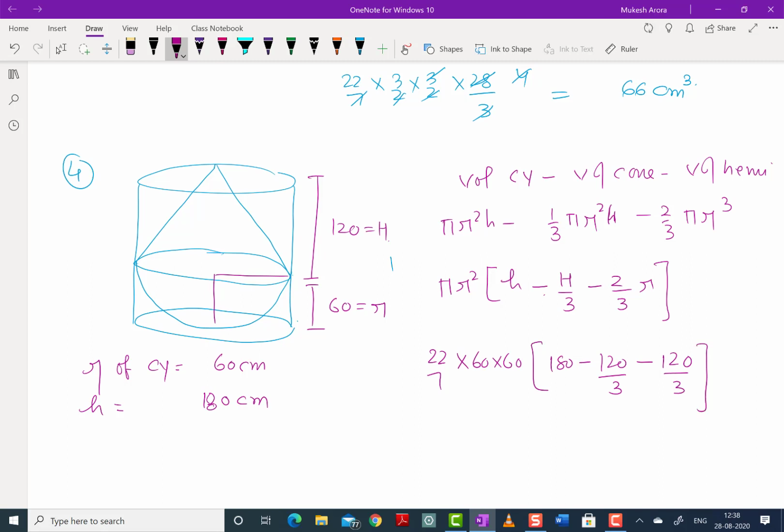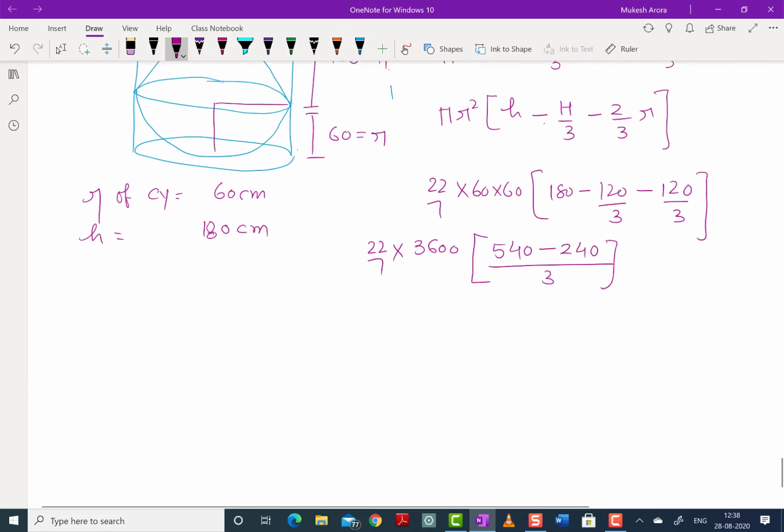So this into 3600 minus 180, 540 minus 240 divided by 3. So 22 by 7 into 3600 into 300 by 3.